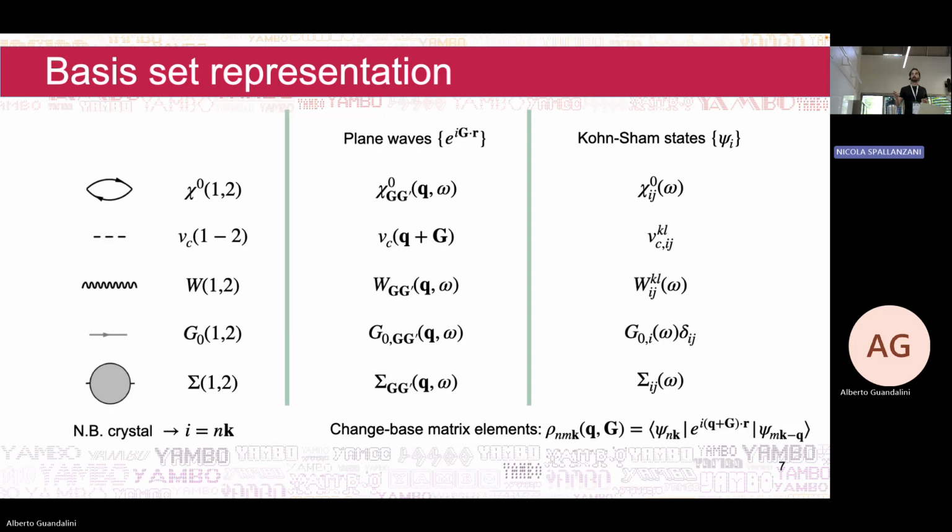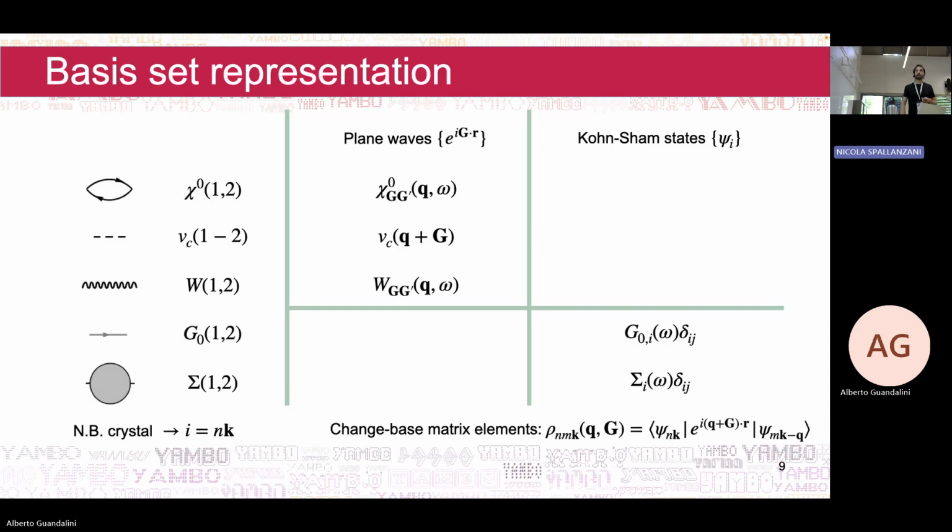For example, the non-interacting Green function is diagonal in the basis of Kohn-Sham states, and also the self-energy we will approximate as diagonal in the basis of Kohn-Sham states, while, for example, the screened interaction is diagonal in G-space, while it depends on 4 Kohn-Sham indexes in Kohn-Sham states. So what Yambo does is actually to solve the screened interaction in G-space, then move to the Kohn-Sham space in order to calculate the self-energy.